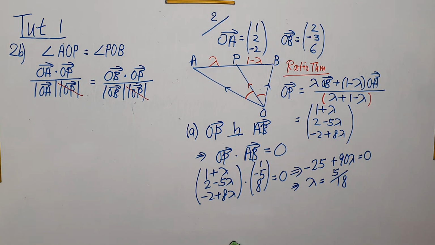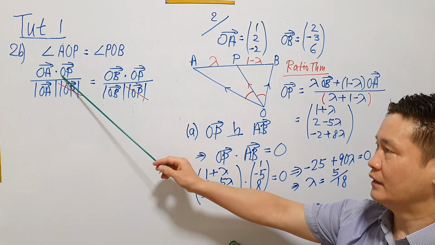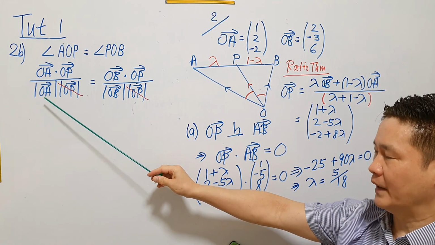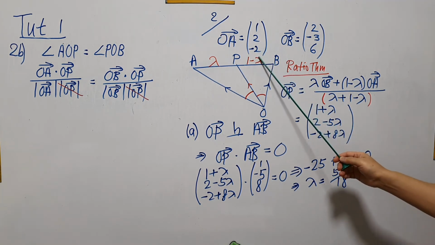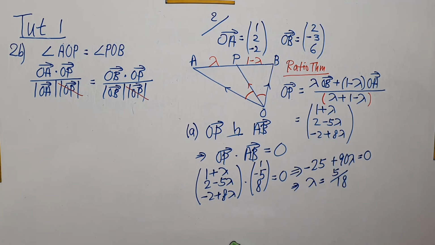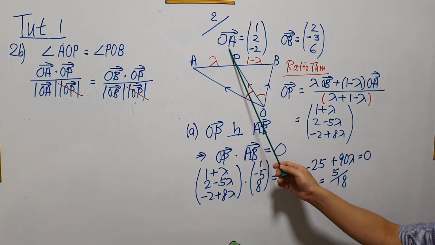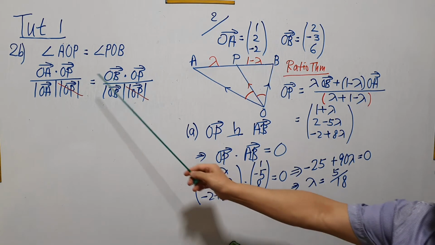So we are going to do the dot product of OA with OP on the numerator, then divide by the magnitude of OA, and likewise on the right hand side.